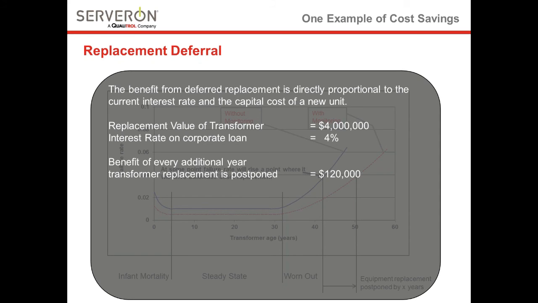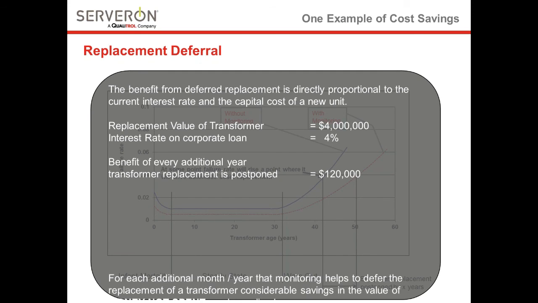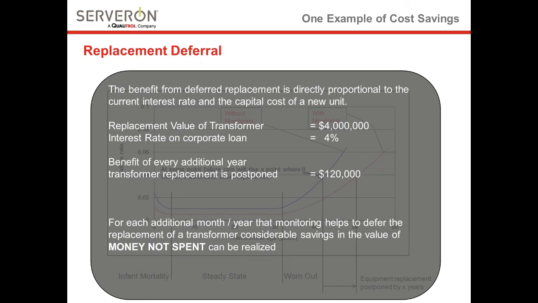So the benefit of every additional year transformer replacement is postponed is $120,000, and that's simply on the basis of the cost of that money. For each additional year the monitoring helps to defer the replacement of a transformer, considerable savings in the value of money not spent can be realized.